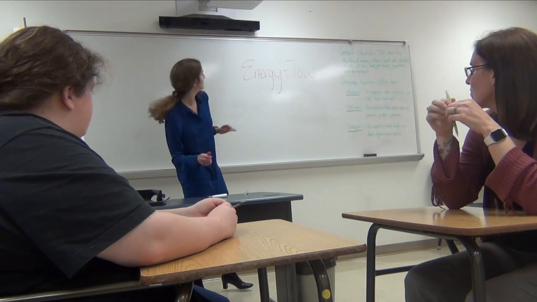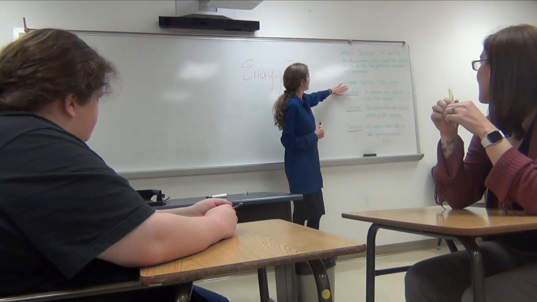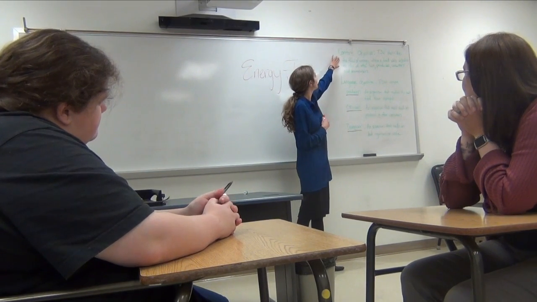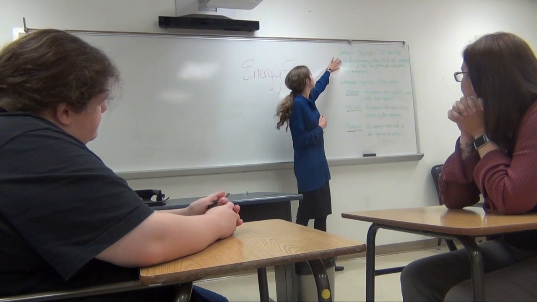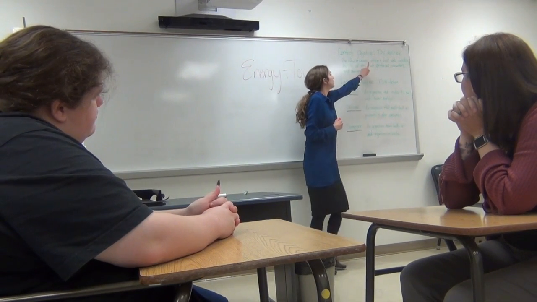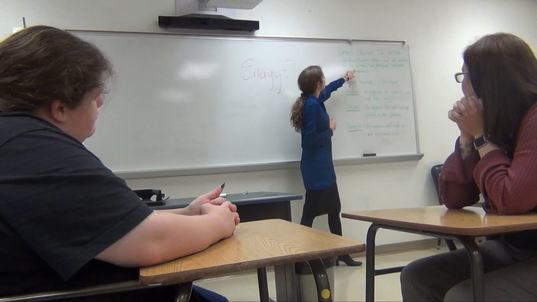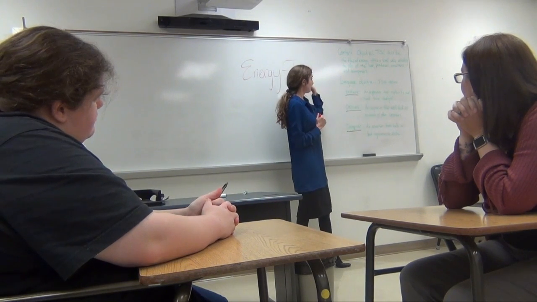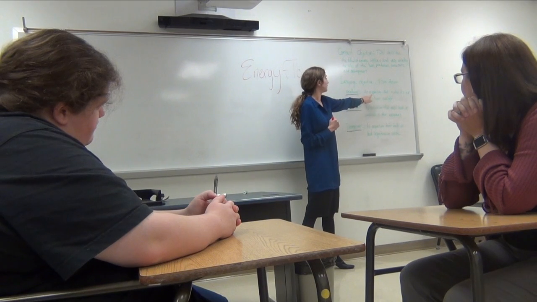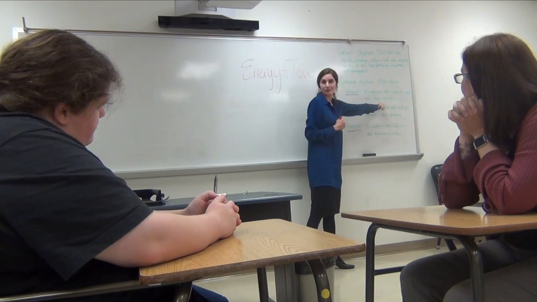I'm just going to go over these objectives, y'all. The content objective for today is to be able to describe the flow of energy within a food web, including the roles of the sun, producers, consumers, and decomposers. A producer is an organism that makes its own food from sunlight.